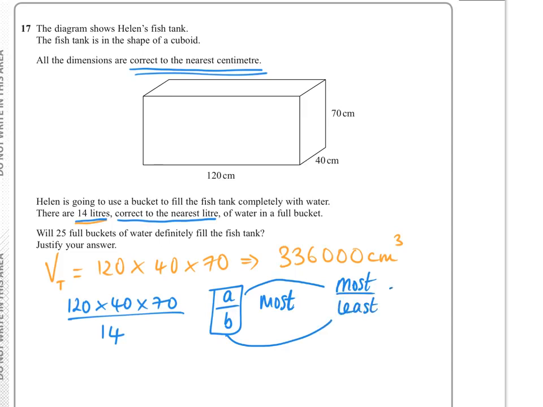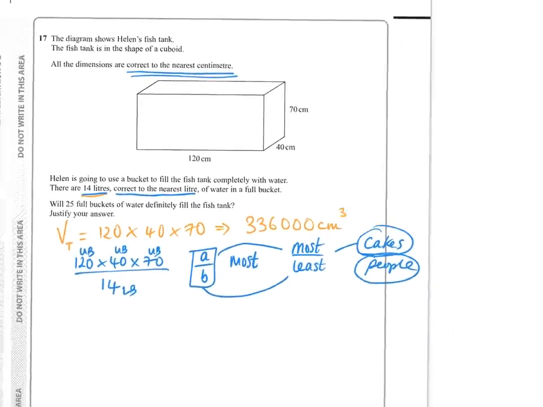So if you think about it like this, and I always use the idea of cakes and people, if you want to have the most cake, then you want to have more cakes on the table and the least amount of people showing up if the cakes were shared equally. So in this case, you're going to want the upper bounds of all of these and the lower bound of this. So I think we're good to go now, and we should be okay.